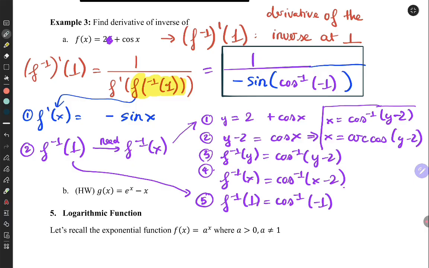Hold on. It's negative pi, correct. Sine of pi is 0. Which makes this D and E. Okay. Yeah, which makes this D and E.